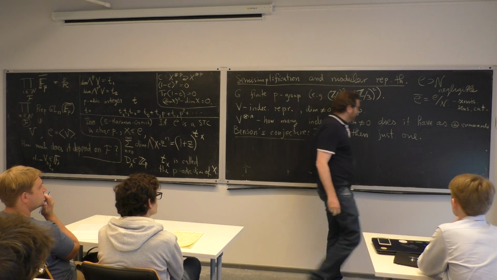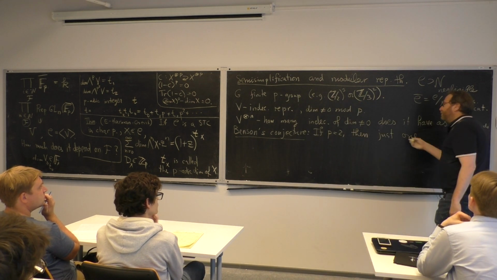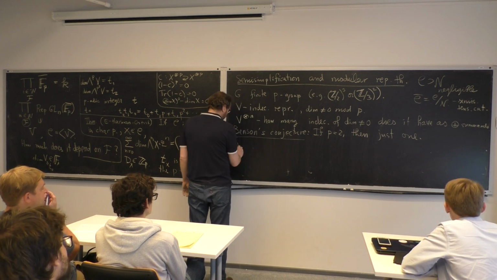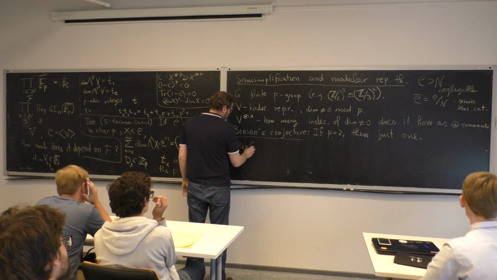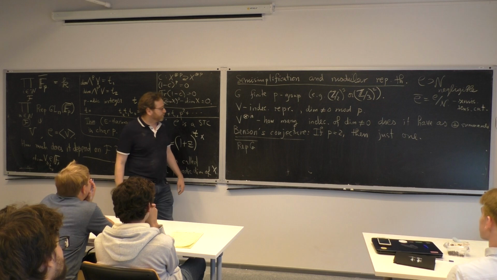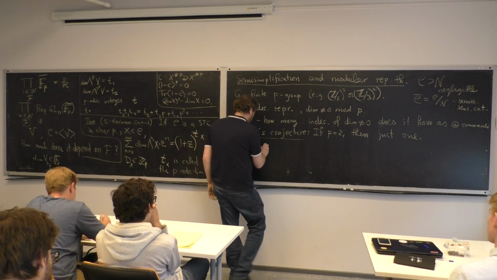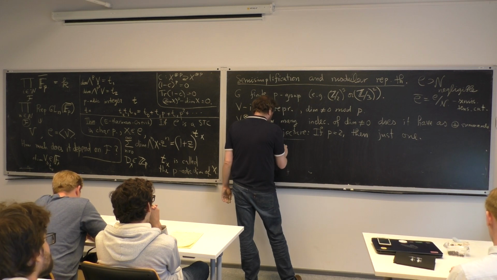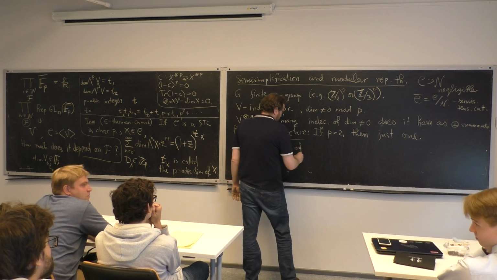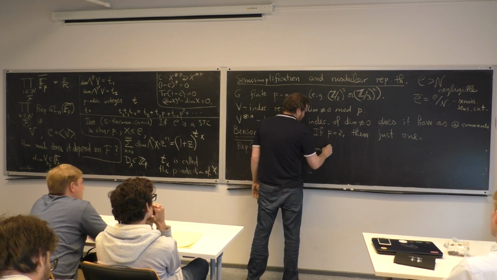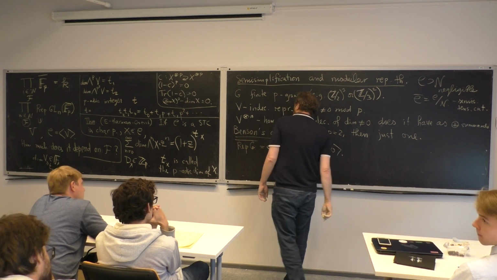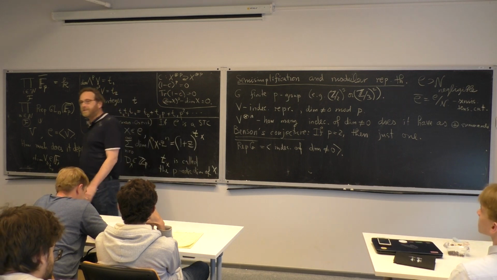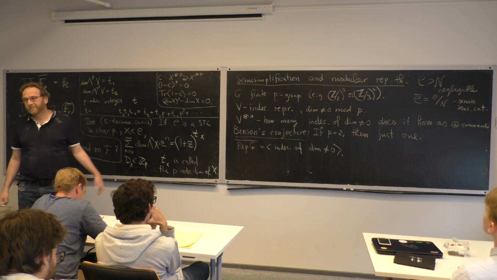So what does it say in terms of semi-simplification? Let's consider Rep G semi-simplified. Then this will be a semi-simple category whose simple objects are indecomposables of dimension not equal to 0. And so this is really a problem about decomposing V to the n in that semi-simplified category.